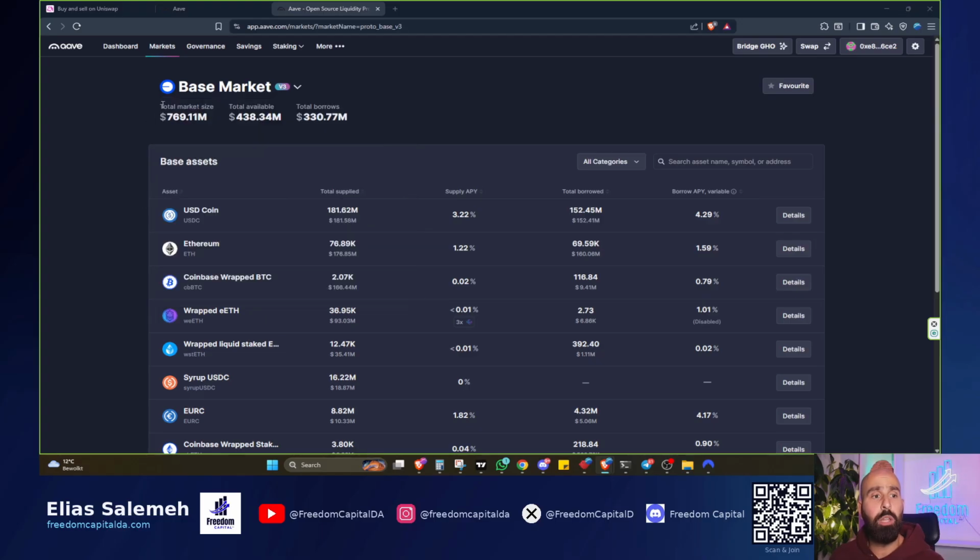Here you see the total market size, which is currently sitting at 769 million. Total available, which is the total amount remaining to be borrowed, is 438 million. And total borrows are currently sitting at 330 million. So there is 330 million of 769 million that are currently borrowed, with the 438 remaining for whoever wants to borrow from the Base market.